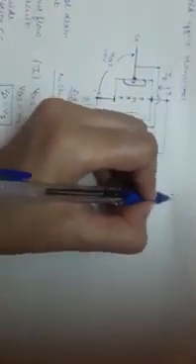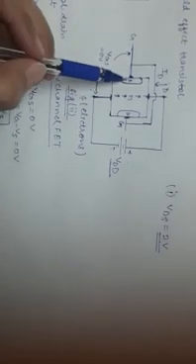Now take a look at what will happen if VDS equals, let's say, 2 volt, which is a positive potential. Here we have two PN semiconductor diodes, and this is the depletion layer.